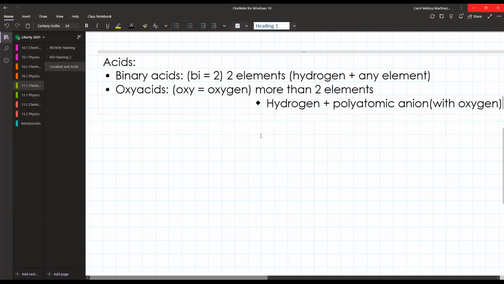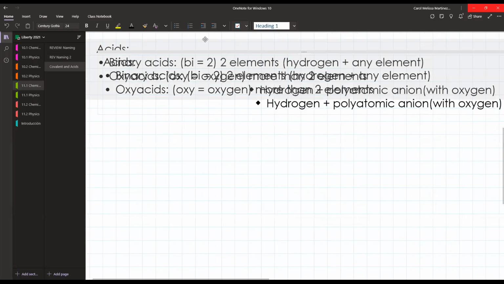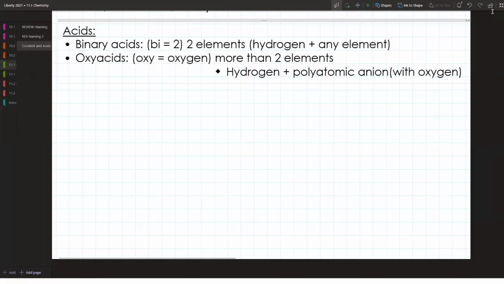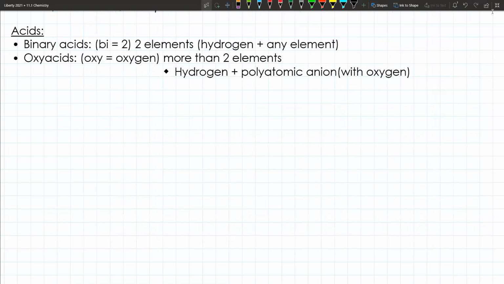So that is the structure. And why does all of this matter? It matters because, depending on the type of acid, we're going to name it one way or another. So let's get started.